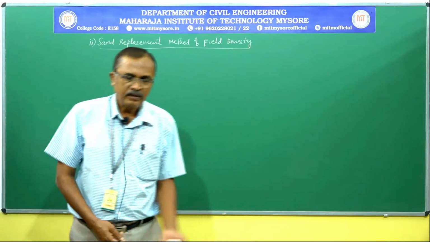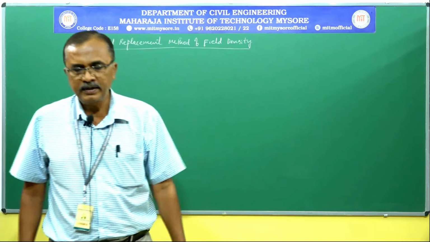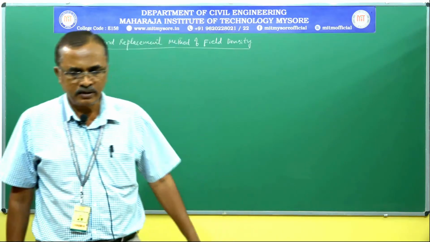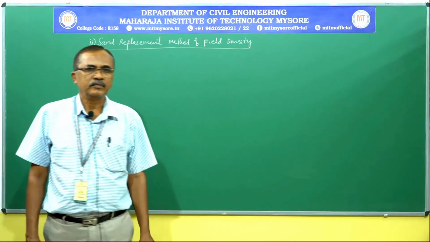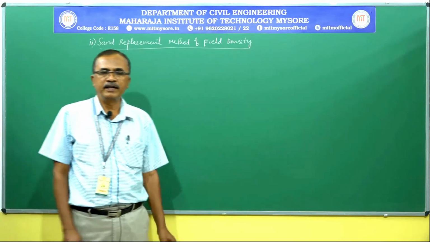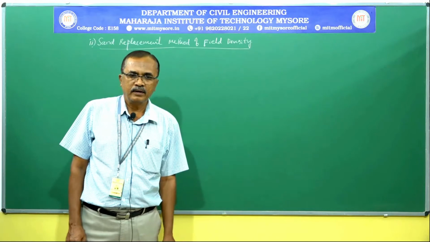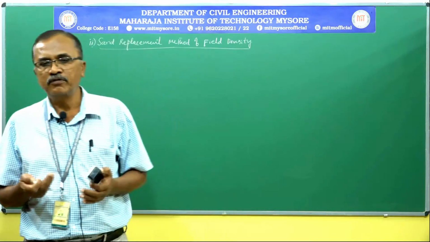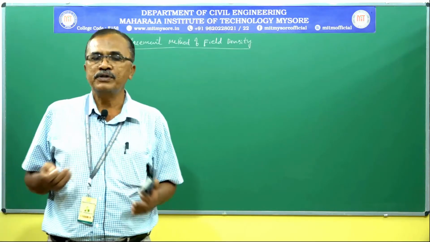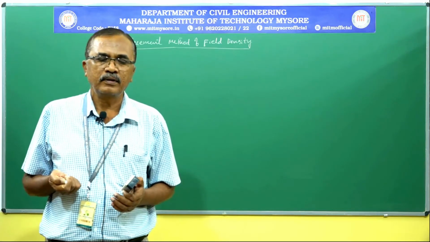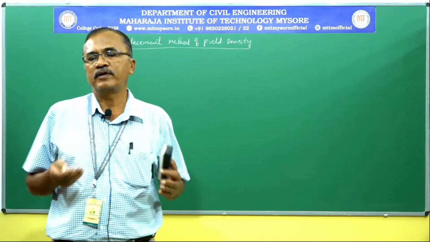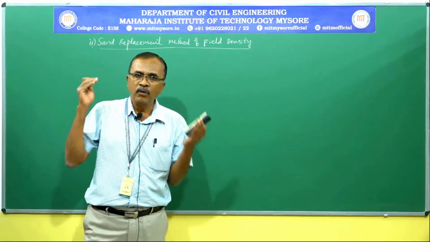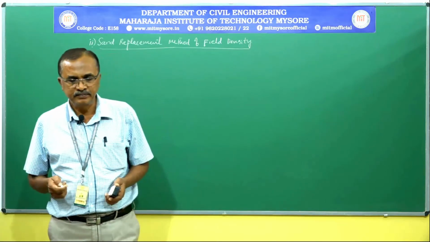Welcome back. In the last class we discussed field density, and in detail we discussed the core cutter method of determining field density. We concluded that the core cutter method is suitable for soft cohesive soil and it is not suitable for sandy soil, and also it is not suitable for boulder deposit or gravelly soil.